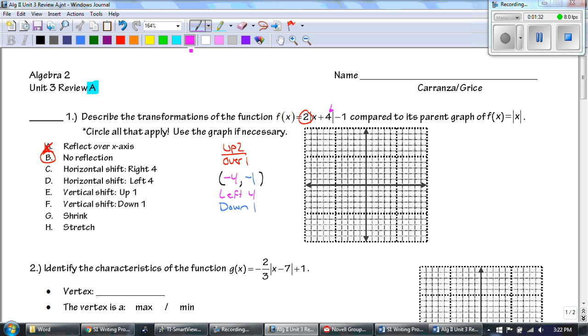So the left 4, that's D, so it's not going to be C. The vertical shift of down 1, and then that 2 that we talked about at the very beginning, that's our stretch, a stretch of 2 units. So all that apply, it's B, D, F, and H.